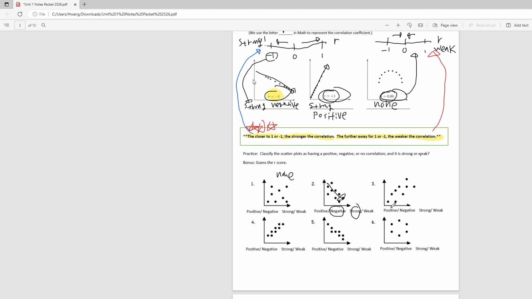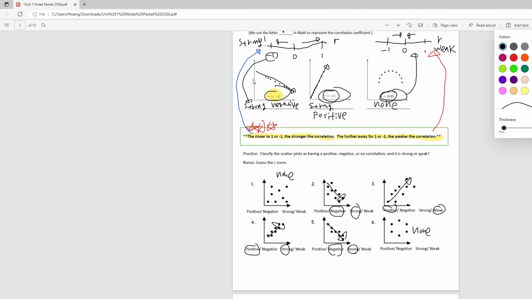This is an example of a positive, but you see that the points are kind of scattered, so it should be weak. Here, this data is a positive data, it's strong enough. And here, this data is negative, and it is also strong enough. And this data, as you can see, doesn't even have a line, so it's a none.